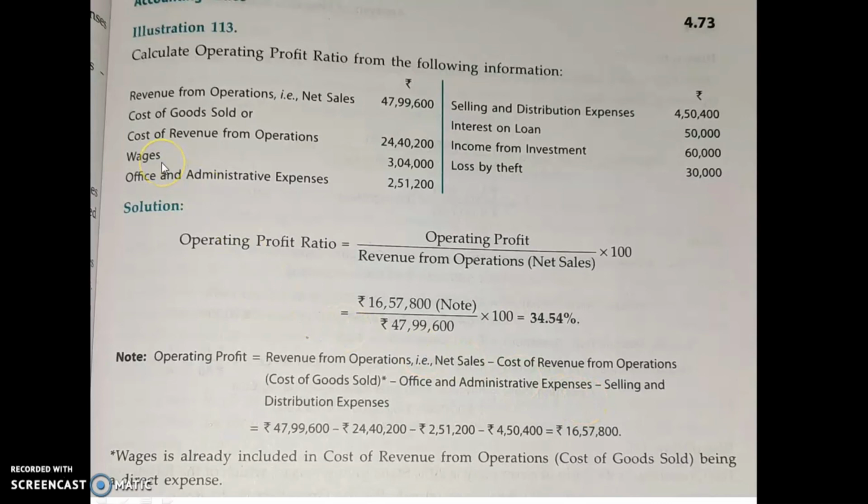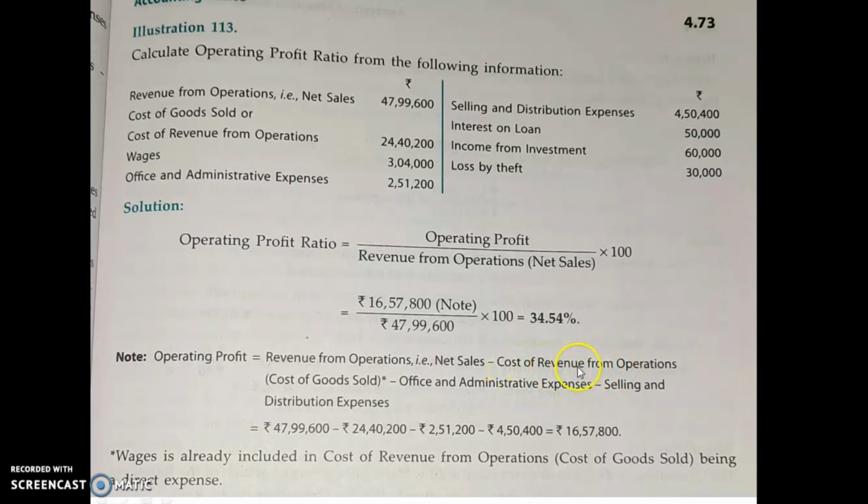Wages is also an operating expense, but when you have the amount of cost of revenue from operation, the wage amount is already included in it. Okay, so when you subtract cost of revenue from operation from revenue from operation, the wages are also deducted. So no need of again deducting the amount of wages, because the wage amount is included in cost of revenue from operation.